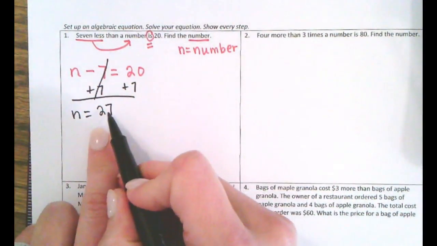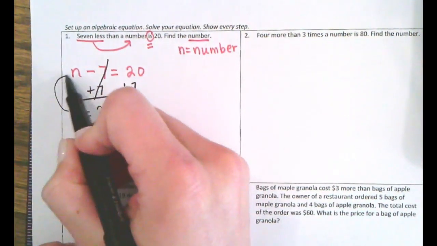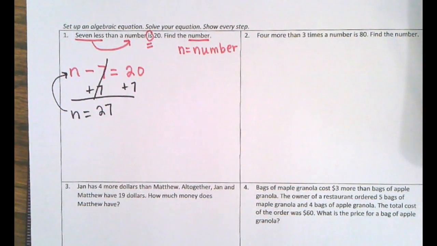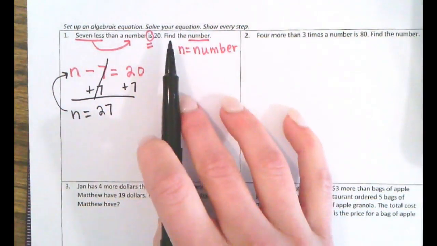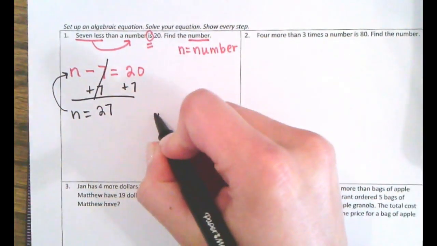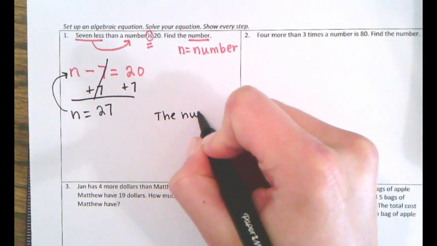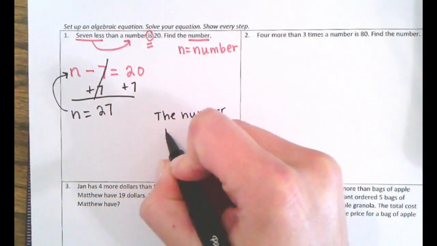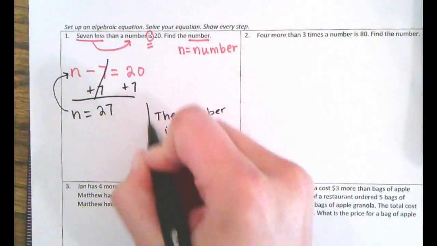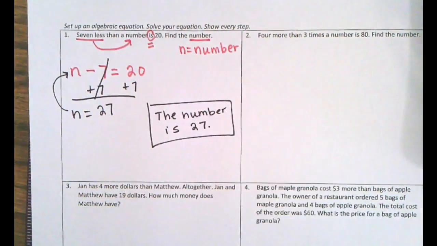You can also do the same thing we did above by plugging it back in to check your work. My final thing to do is to write a quick statement answering the question. The question said, find the number. So my answer is, the number is 27. And this is my solution.